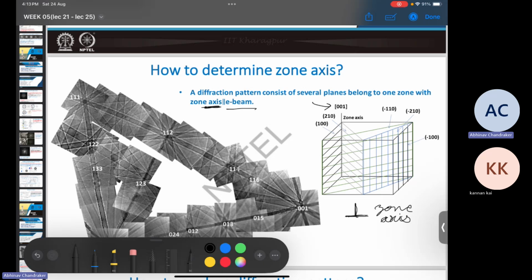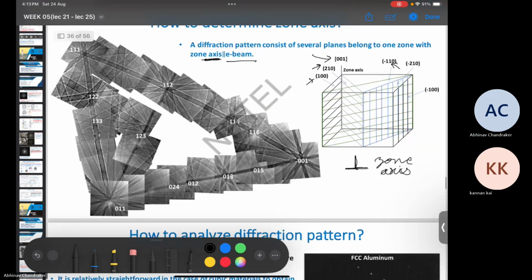So in this case, we have 1, 0, 0, 2, 1, 0, 1 bar 1, 0. All of these planes have their normals perpendicular to the zone, and as a result, they are planes of 0, 0, 1 zone axis.